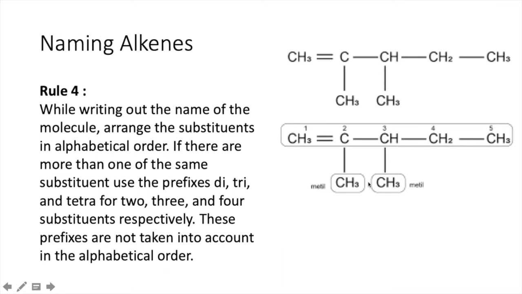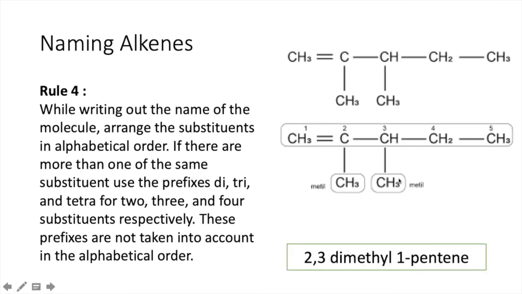And what is the name of this structure? The name is 2,3-dimethyl-1-pentene. Why 2 and 3? Because the substituents are located at number 2 and number 3. And why dimethyl? Because there are 2 methyl groups. And why 1-pentene? Because the double bond is located at number 1 of the long chain.